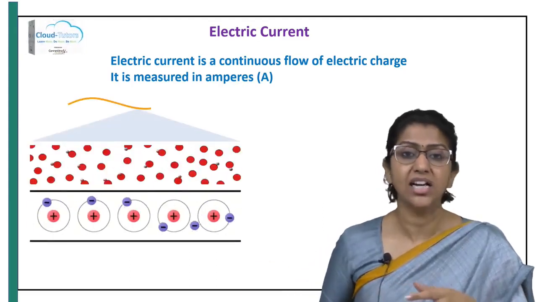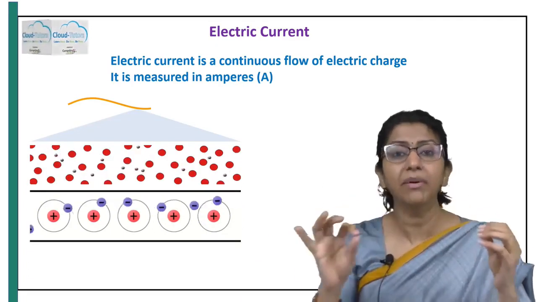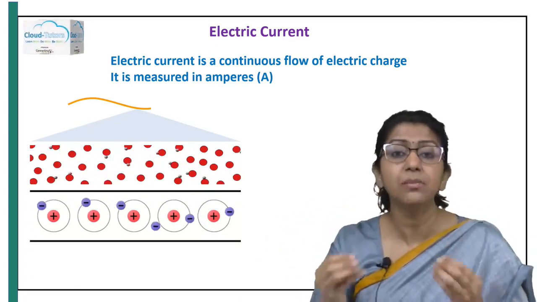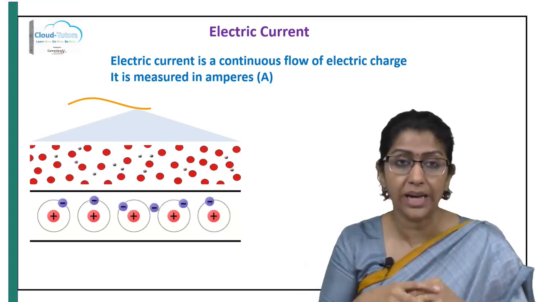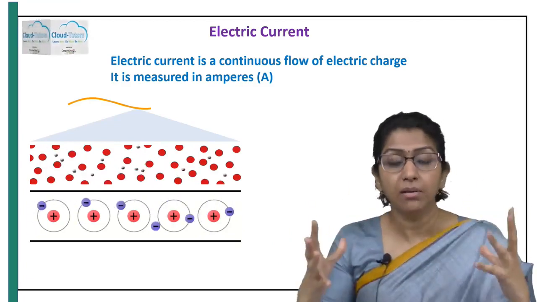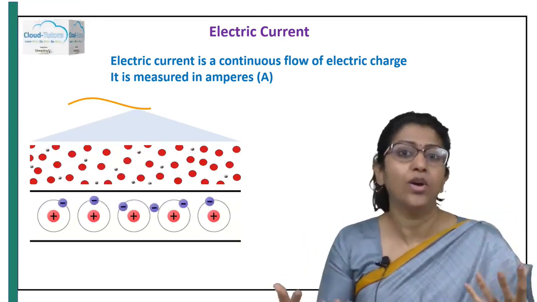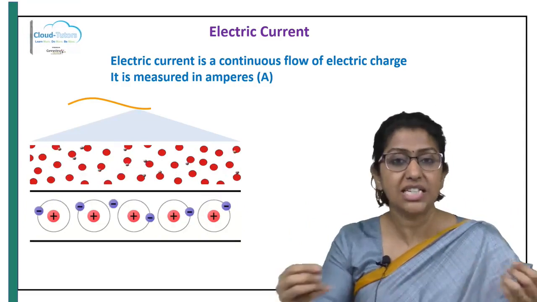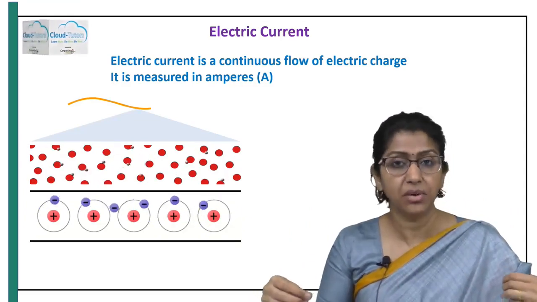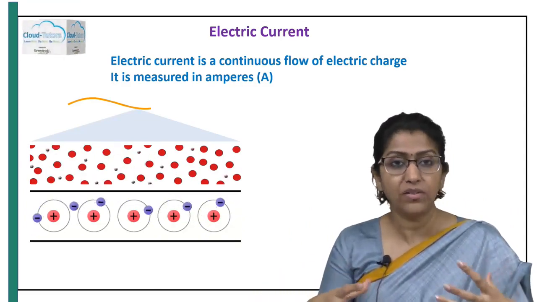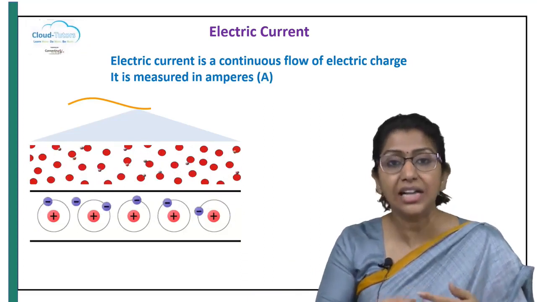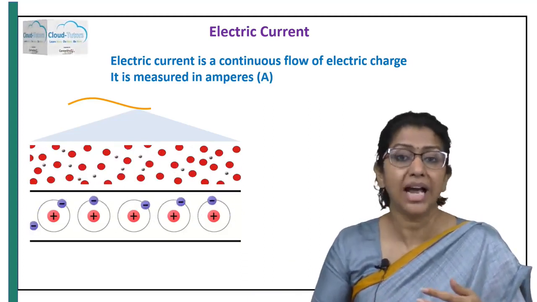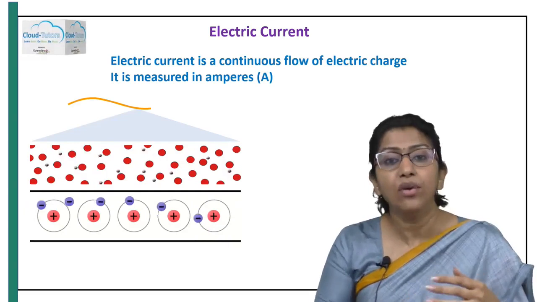As you can see in the picture, if we take a copper wire, which is a conductor, we will come to what is a conductor and insulator in a while. If we zoom into a copper wire connected in an electric circuit and see what is happening, you see that the free electrons present in copper atoms are flowing.